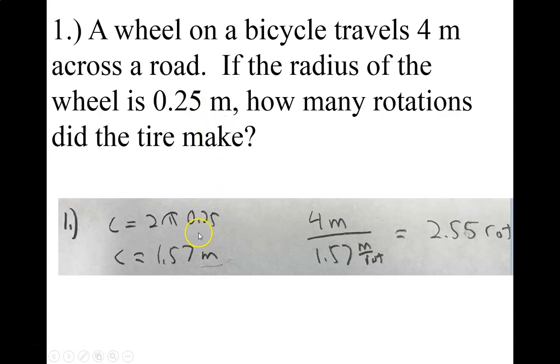That's 2 pi r, so 1.57 meters per rotation. If it travels 4 meters, we divide 4 meters by the 1.57 meters per rotation. Meters cancels out, rotations flips to the top, and we get 2.55 rotations. You could just logic your way through that one.